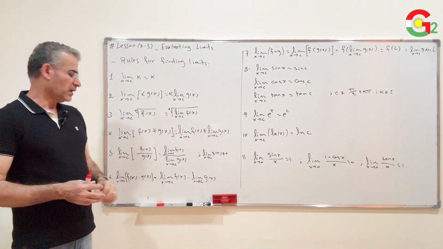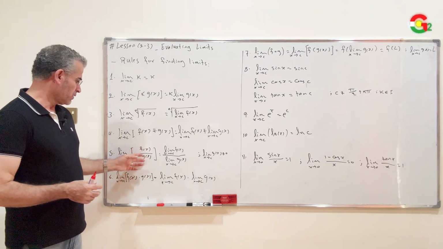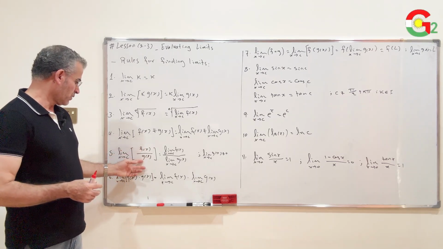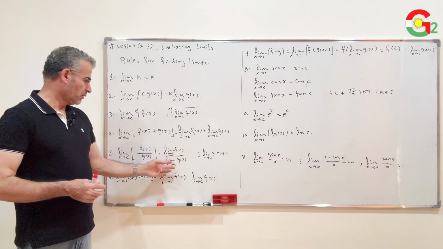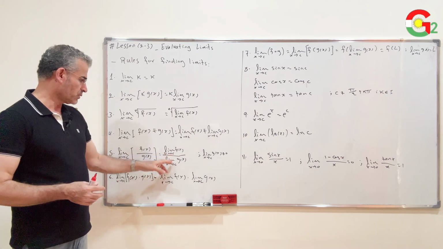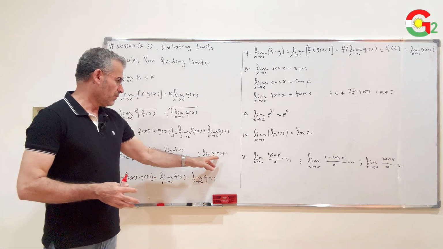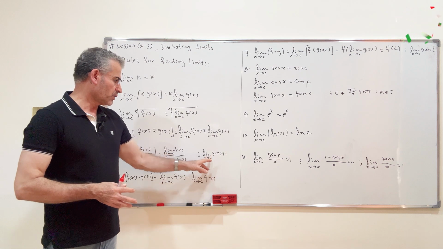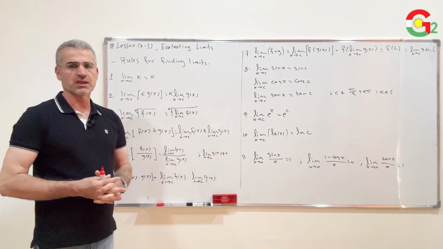Number five, limit x approaches c for the division of two functions f of x over g of x equals the limit for the numerator over the limit of the denominator when x approaches the same number, where limit x approaches c for g of x is not equal to 0 because it is in the denominator.